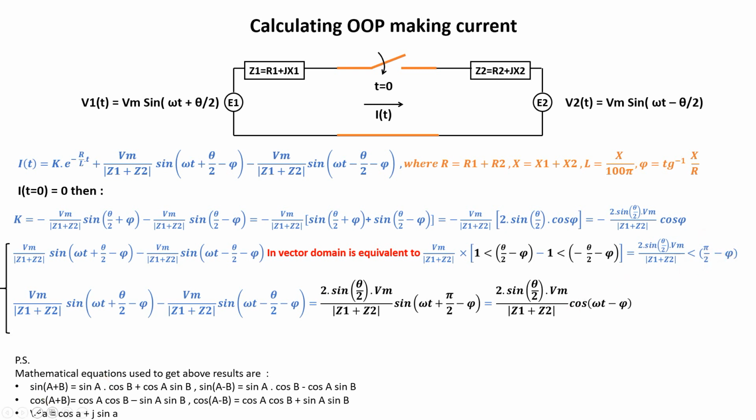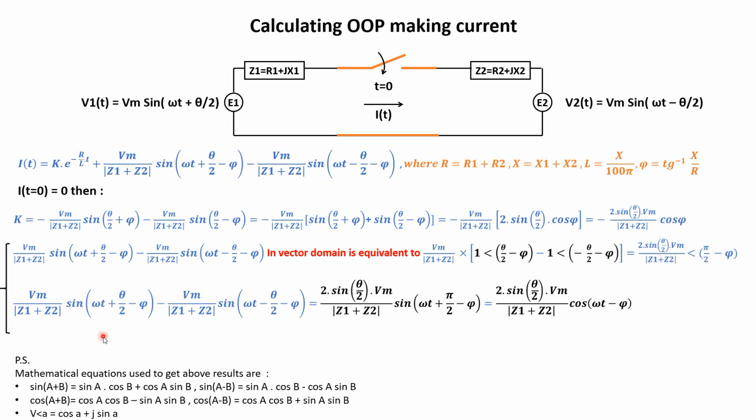To prove that, basically we need to know that this is a vector with an angle, cosine A plus j sine A, and the other equations here, cosine A plus B and A minus B. You need these equations to actually prove that.